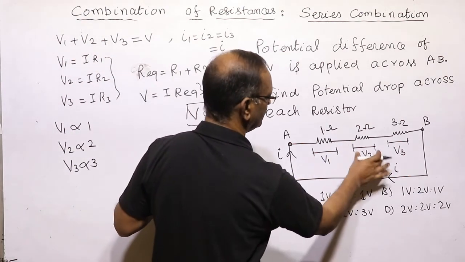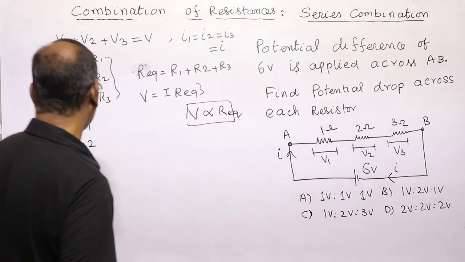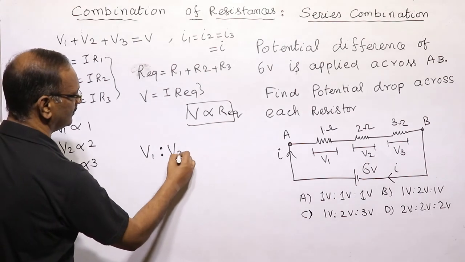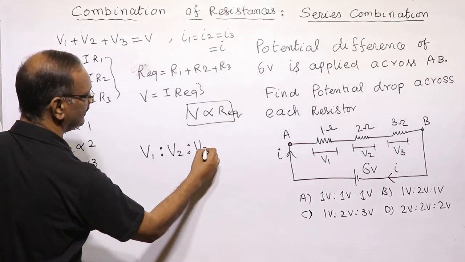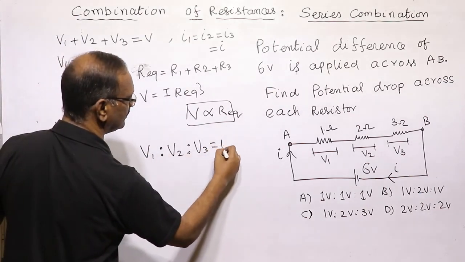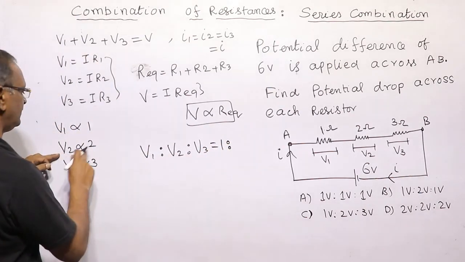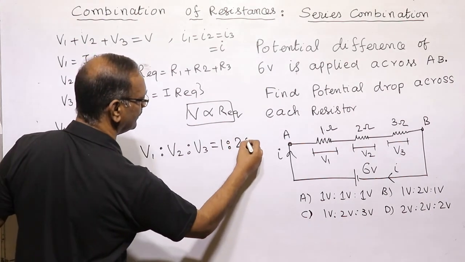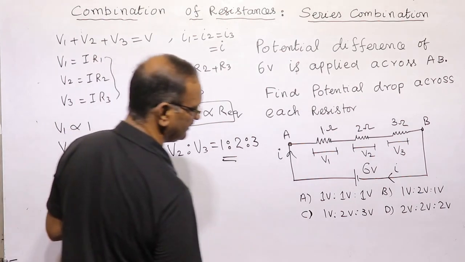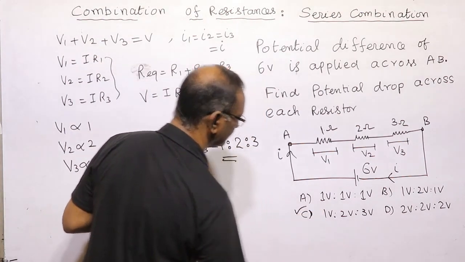It means V1 is to V2 is to V3 is proportional to the respective resistances, equal to 1 is to 2 is to 3. This is the answer. I think yes, C is the answer.